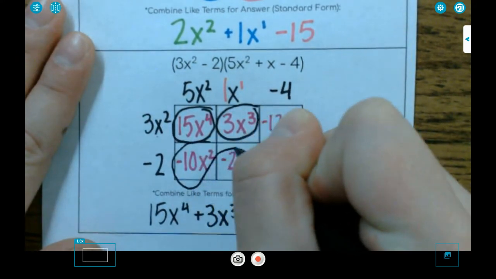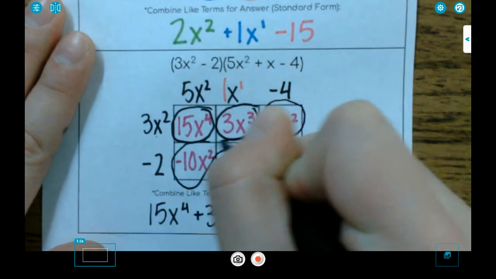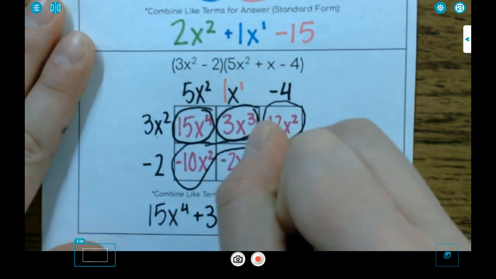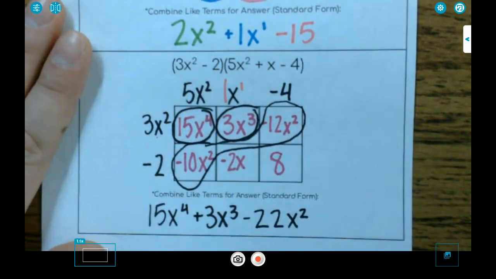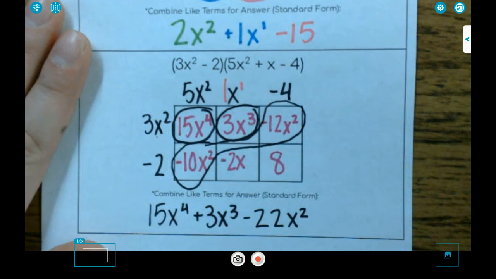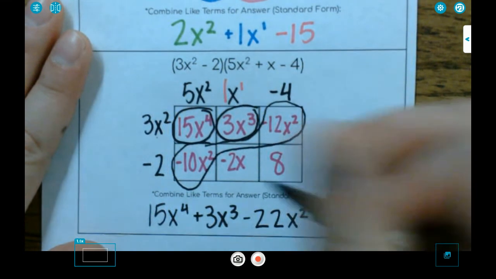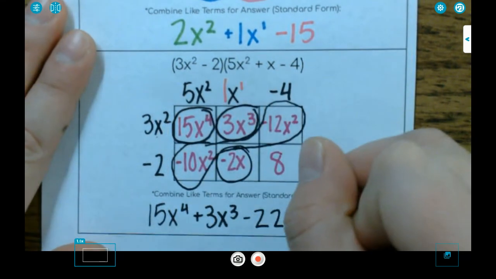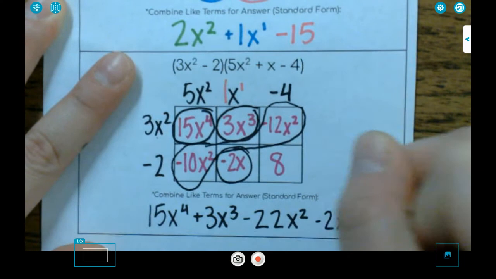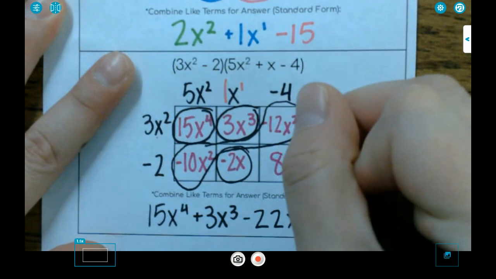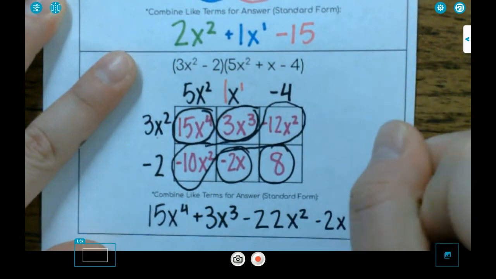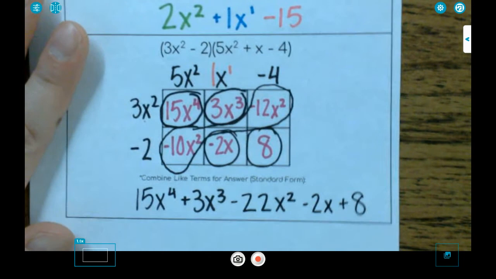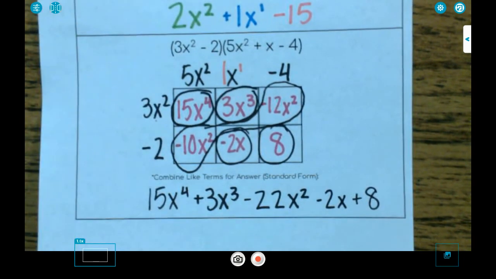If I take $10 from you and I take $12 from you, I've now taken $22 from you. That's negative 22x squared. And then I've got minus 2x here. And I've got just an 8, so that's just plus 8.